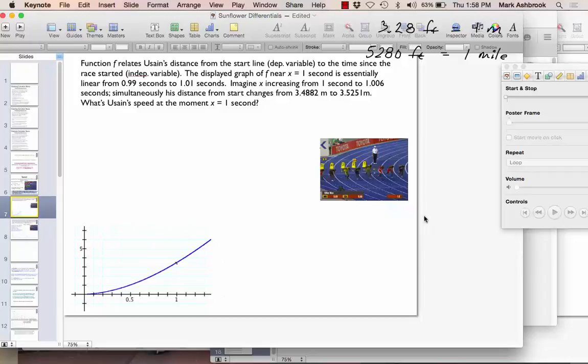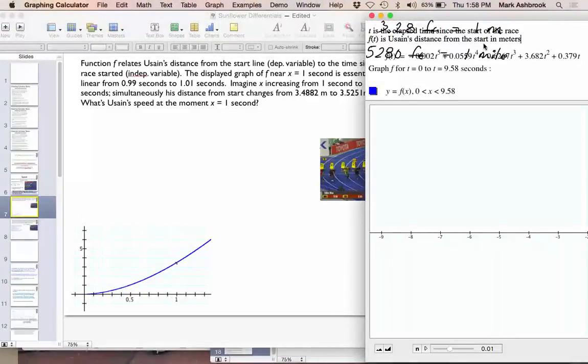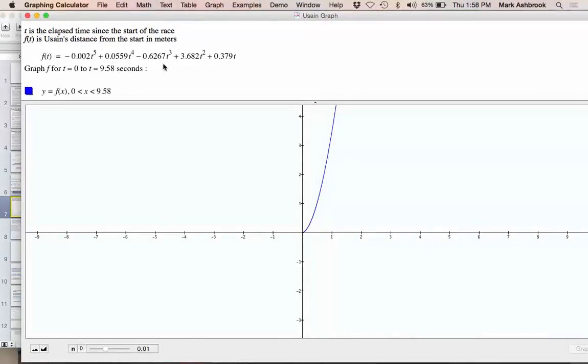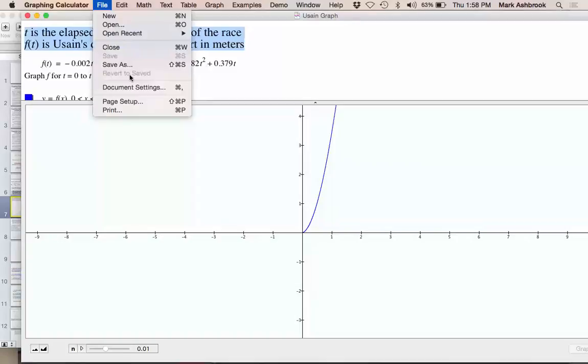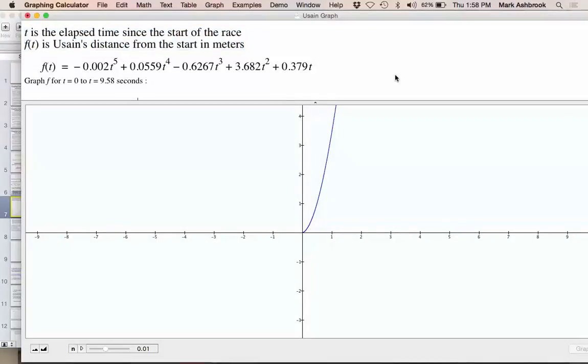So let's look at this in GC. Here is this function f that defines his distance from the start at t seconds since the race began.